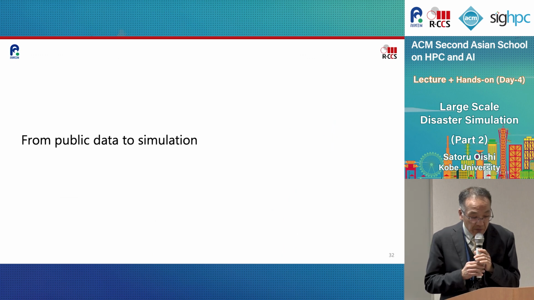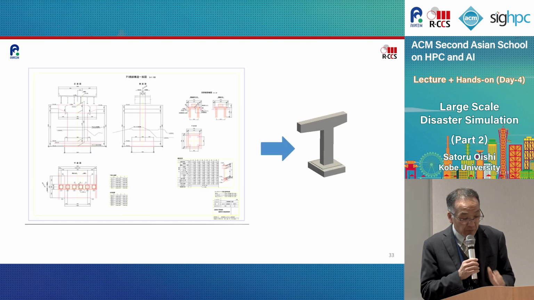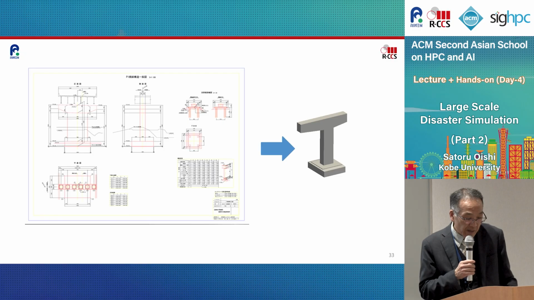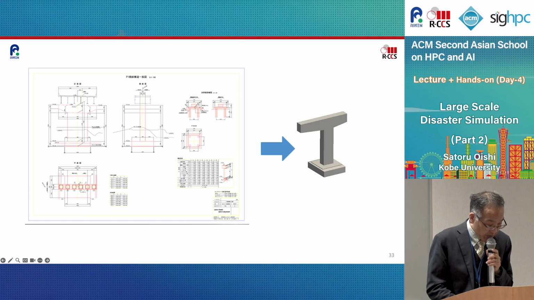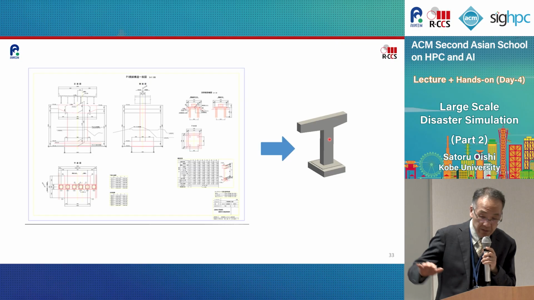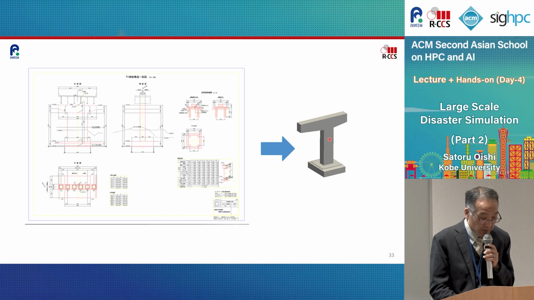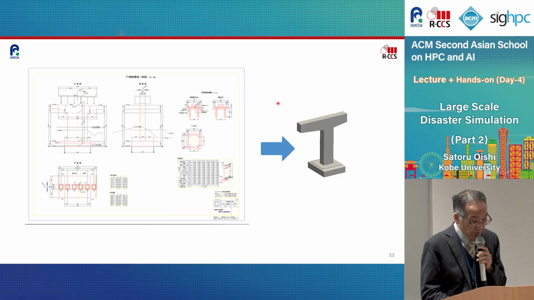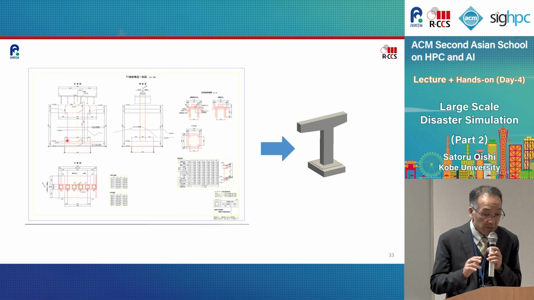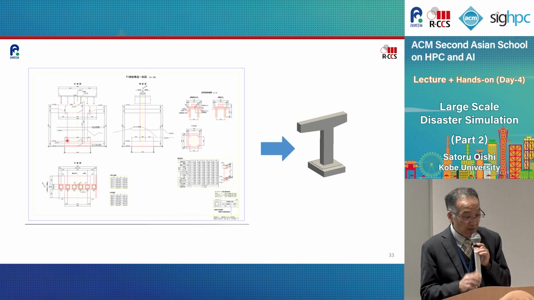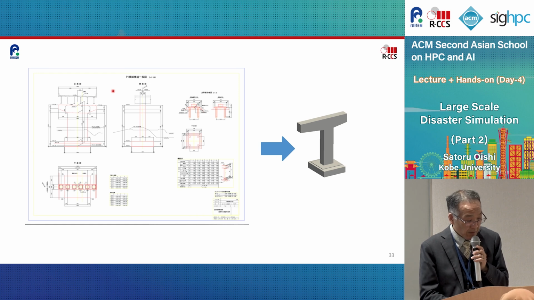Then from public data to simulation, I would like to come back here. So this is a bridge pier, bridge foot. For making it, we have this kind of design drawing that is written in vector form like PDF.